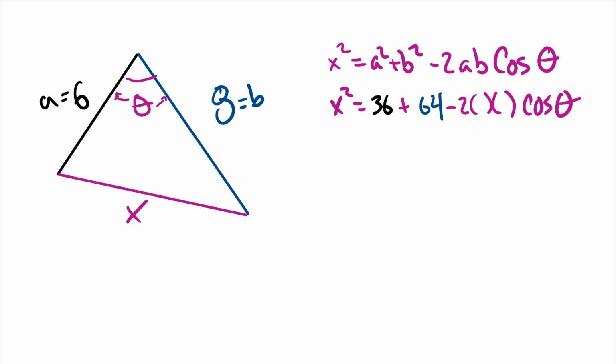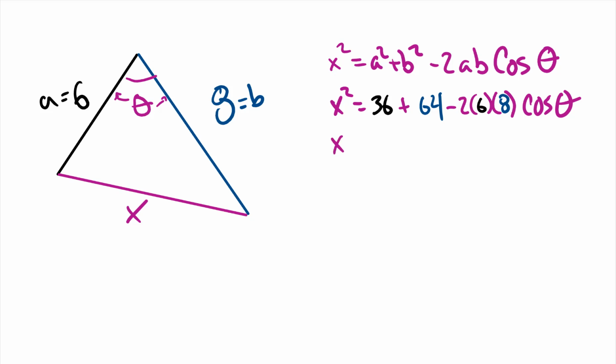Our a is equal to 6, we pop that in there, and then our b was equal to 8. So let's clean all this up and see what we end up with. Should we really? Let's just see what we got.